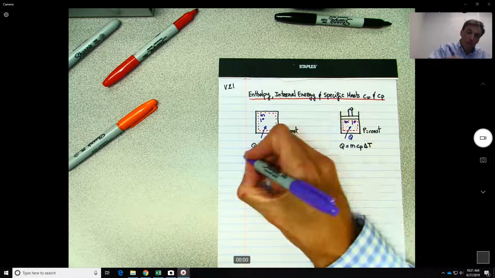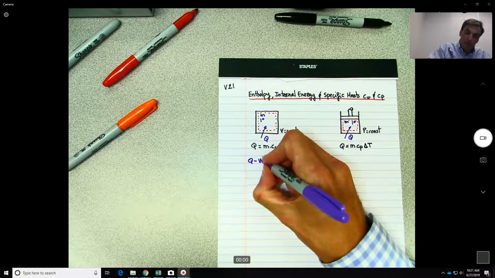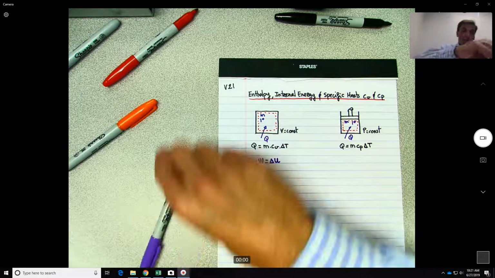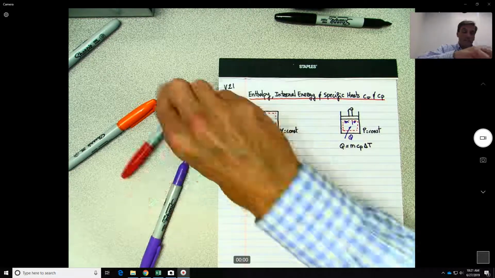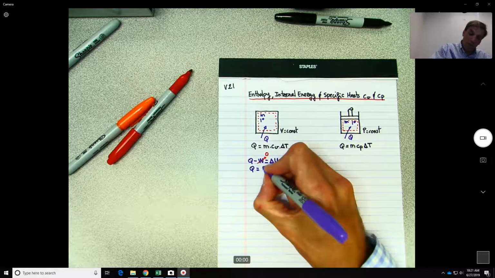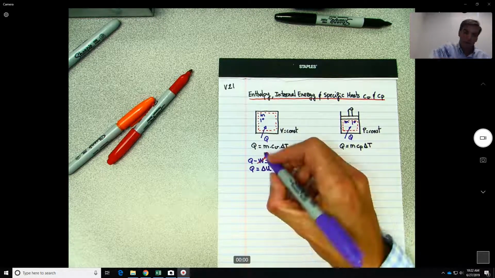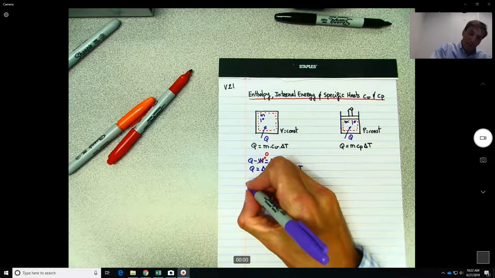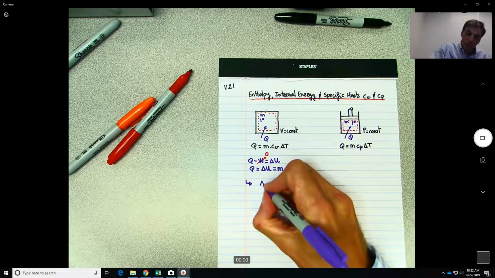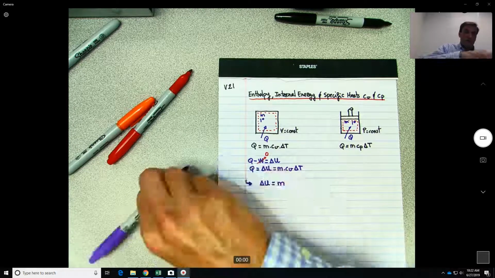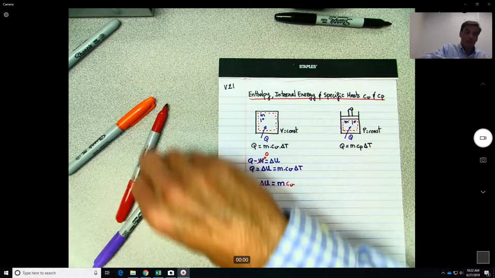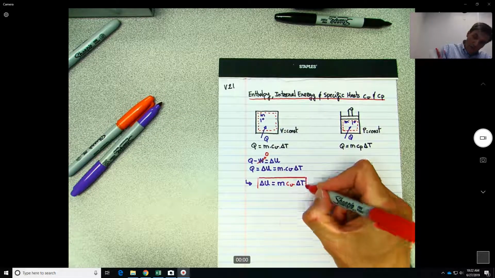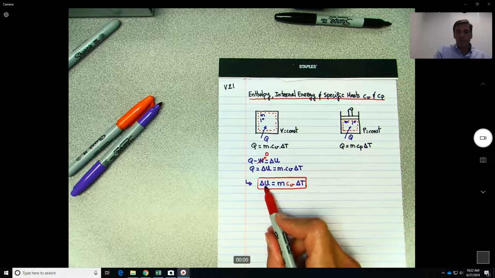So if we use the first principle of thermodynamics notation, Q minus W equal to change in internal energy, and in this case there is no work done, that gives us that Q equal to change in internal energy, but from here we know that this is also equal to m C sub v delta T. So basically we can conclude that the change in internal energy is equal to m c sub v delta T. So the important part over here is that you relate all the time the change in internal energy to the C sub v.